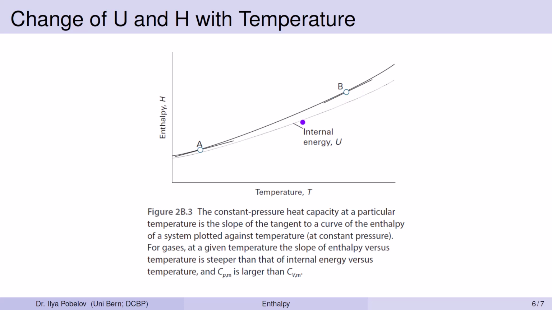For the internal energy curve, this slope corresponds to the heat capacity at constant volume Cv. Given that Cp accounts for both the change in internal energy and the work performed during the heating of a gas at constant pressure, Cp is larger than Cv. This distinction explains why the enthalpy curve has a slightly steeper incline compared to that of internal energy.